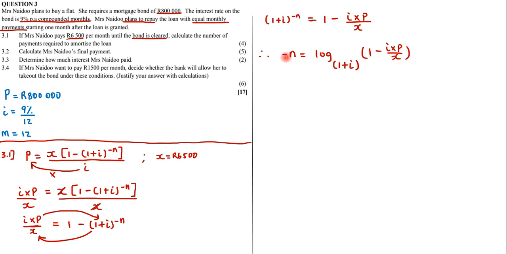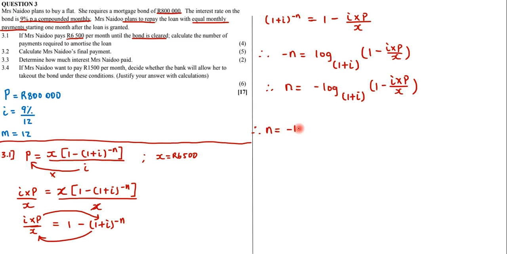Then from here, I will just divide this by a negative so that n becomes negative log base 1 plus I into 1 minus I times p over x. Alright, now why did I do this? Doing this means you don't have to write all the numbers. You will only get to type this in your calculator once. So now let's go ahead and do that.